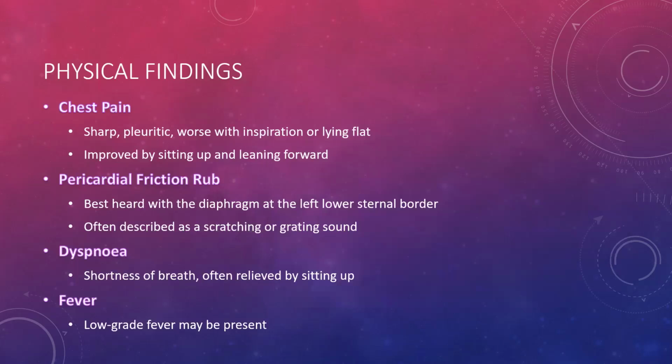Okay, so what do we find in pericarditis? It's quite easy. It has a sharp pleuritic pain, worse on inspiration or lying flat. So that's unfortunately the one thing that our esteemed authors of that ECG book that I've been using don't give us. They don't give us full histories and full physical examinations. But you can see the difference between a myocardial infarct and the pain of a pericarditis.